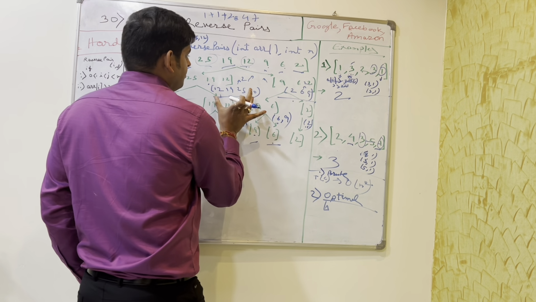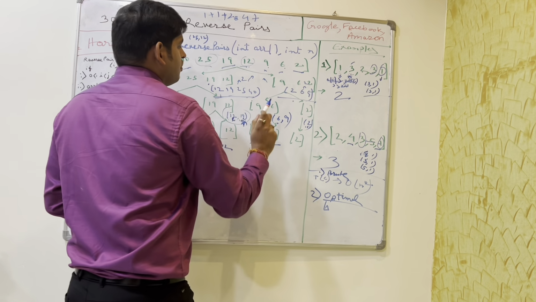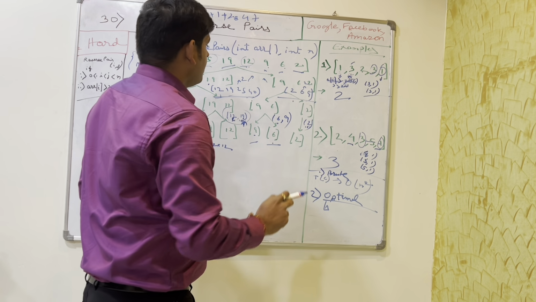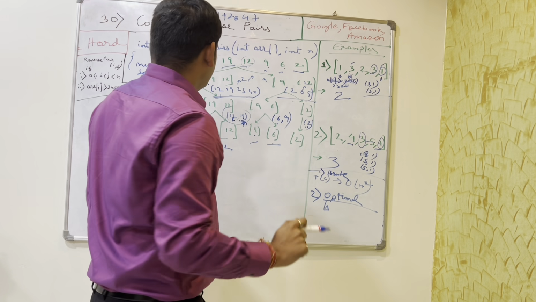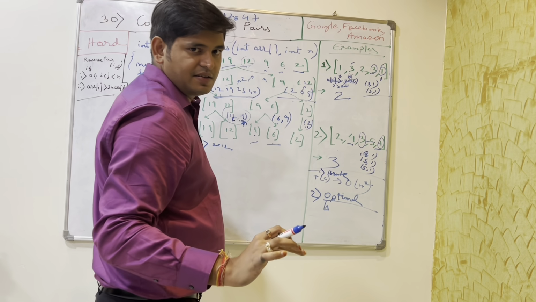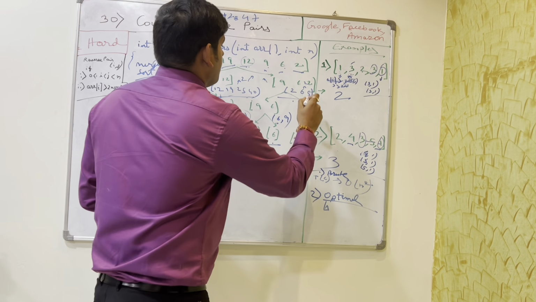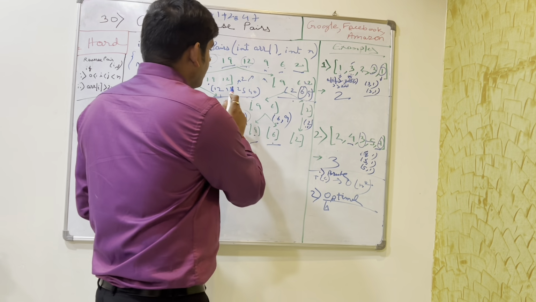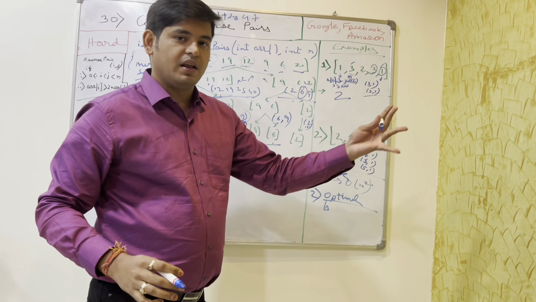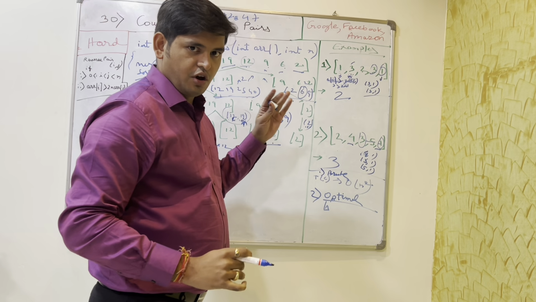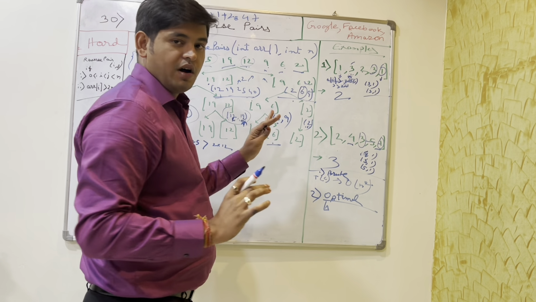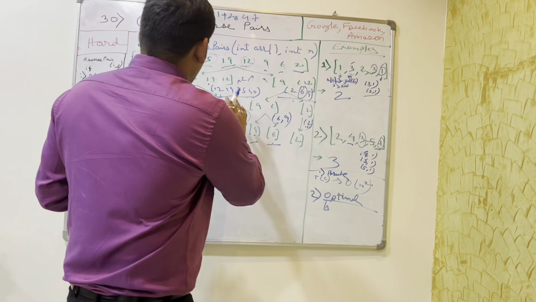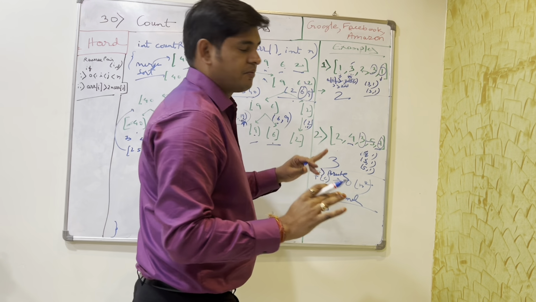So now 12 and 2: 12, 2 is a pair. 12, 6 is not a pair. We remain at 6 and we have a count of 1. Recursively we'll maintain that count and keep on adding to it. When I do the code walkthrough, I'll explain how we will code it. First, let's understand the approach.